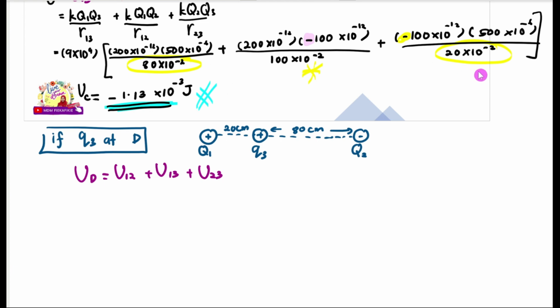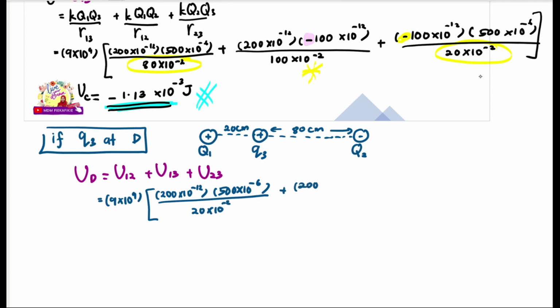If we write it out again, it is long. So UD is equal to 9 exponent 9 times the bracket: Q1, Q3, the same, you just copy from above. The distance between them is 20 cm. The middle one is the same: the distance between 1 and 2 is 100 cm.